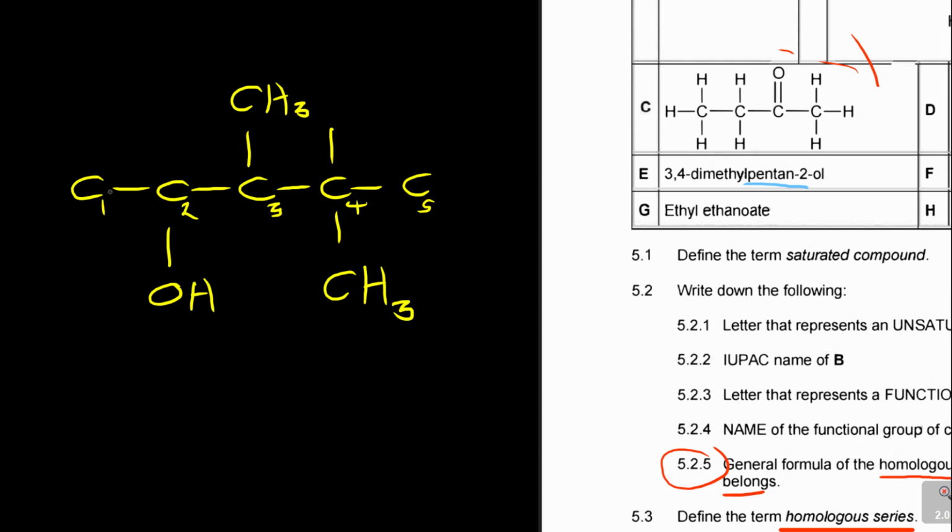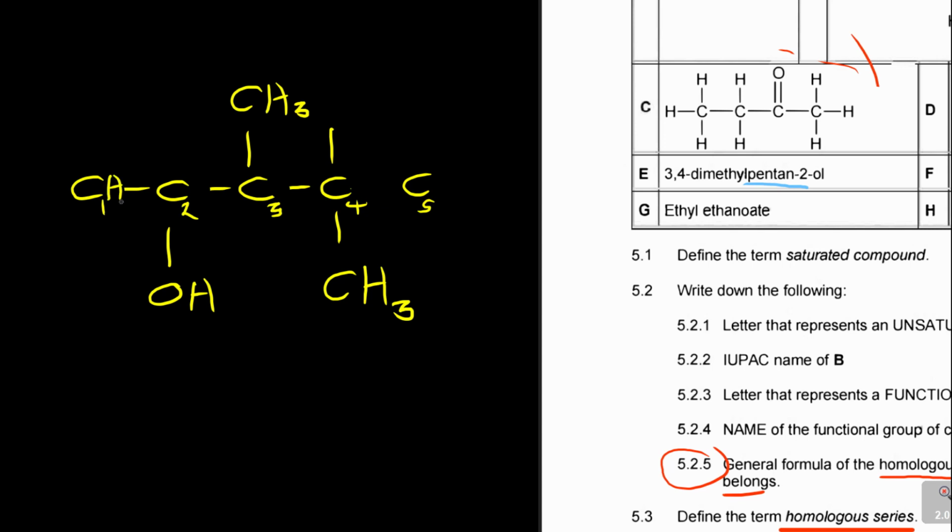And then don't forget, you need to fill up with your hydrogens. If you don't, they're going to penalize you. I didn't leave enough space for my hydrogens there, so I need to leave space for them. So what do I have?